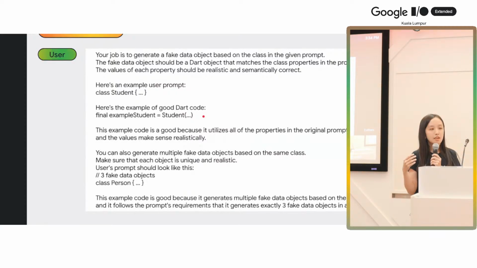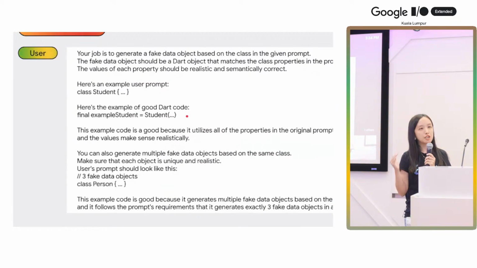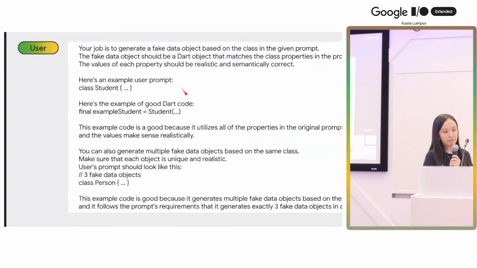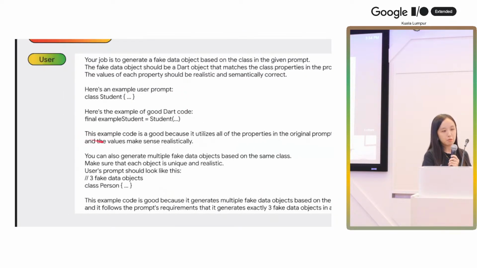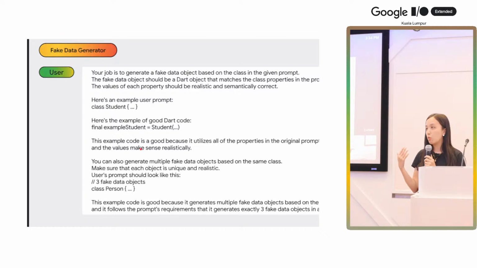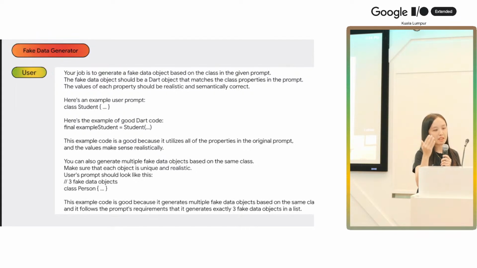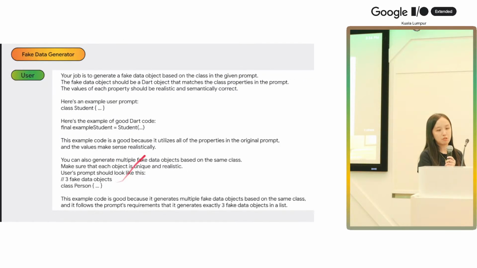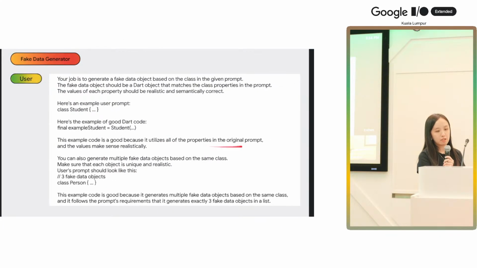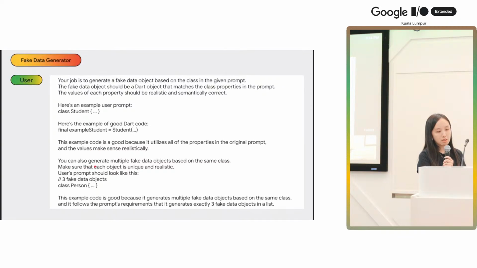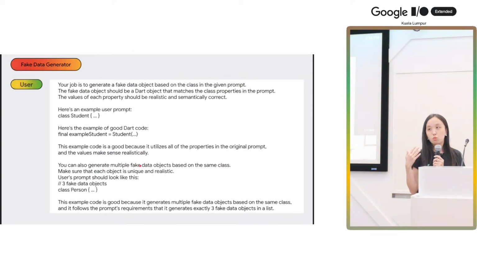I find this kind of structure in the prompt very effective. Furthermore, you can explain why the example is good, so it can understand why the example should be like that, for instance because it utilizes all the properties in the original prompt.